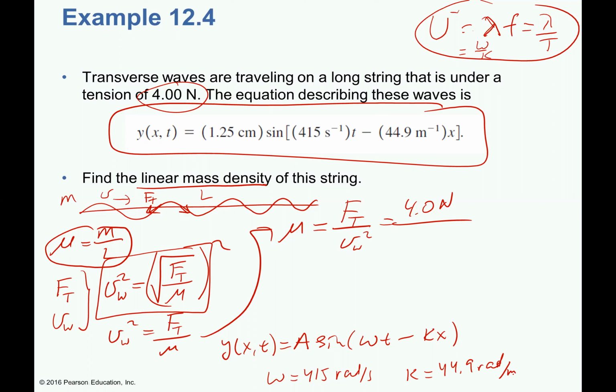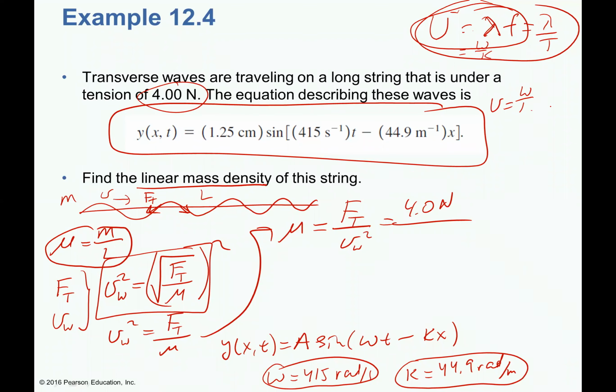That means technically I can use those directly to find it. But another thing I can do, which you can see in my slides as the second version, is use omega to find the period, use k to find the wavelength, and then use speed equals wavelength times frequency. Or I can find the speed by omega over k. So let's do this here in the video.